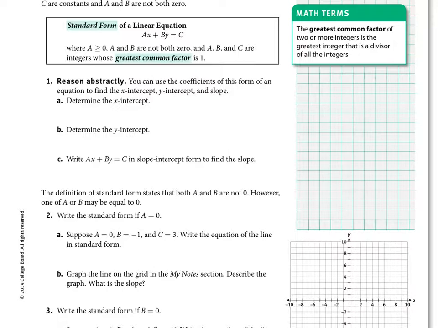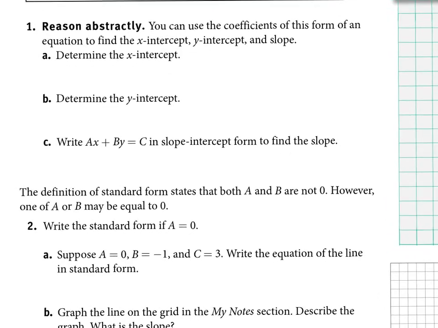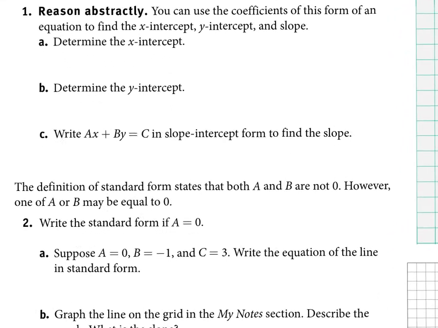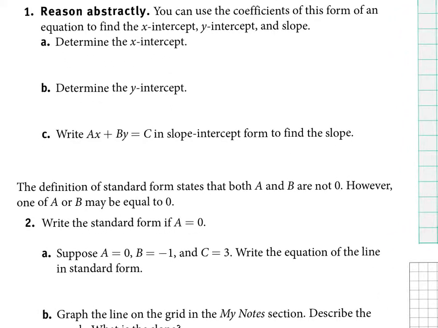You can use the coefficients of this form of an equation to find the x-intercept, the y-intercept, and the slope. So given the equation, again, here's the equation, ax plus by equals c.